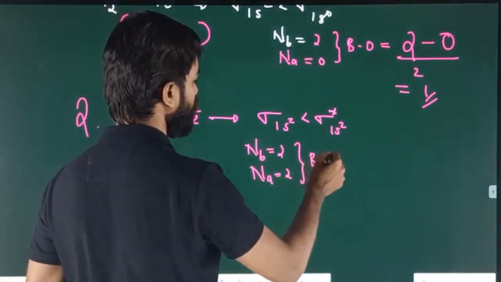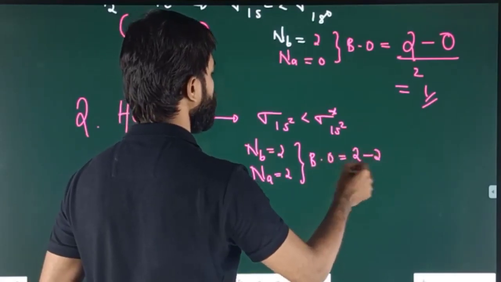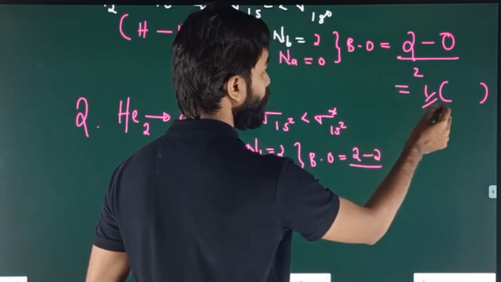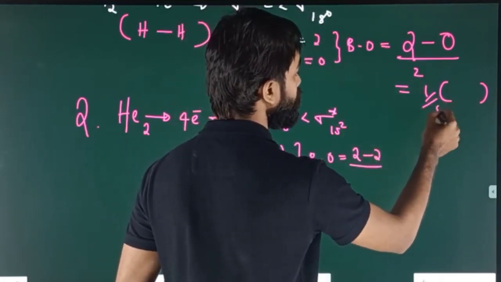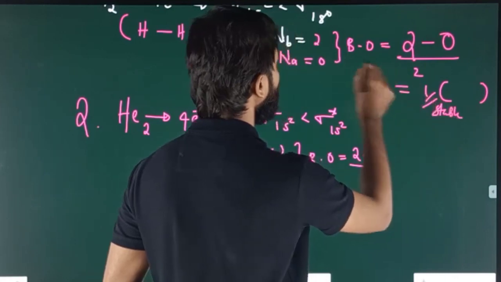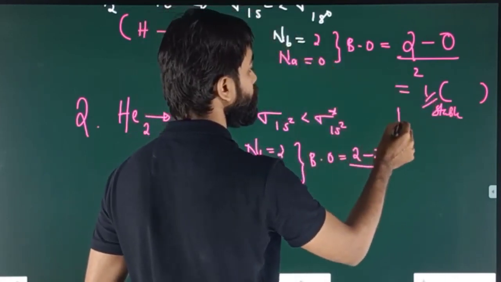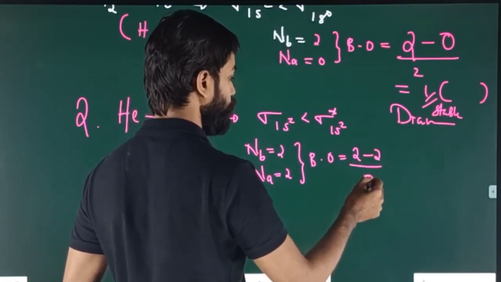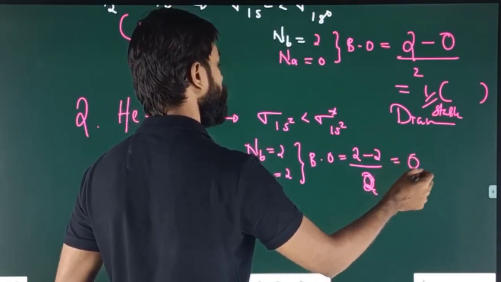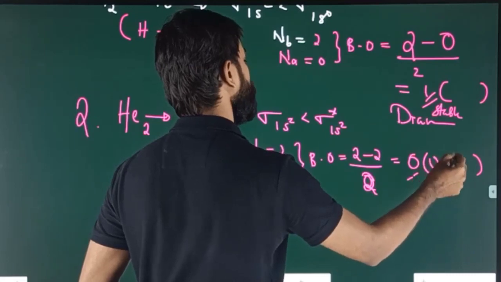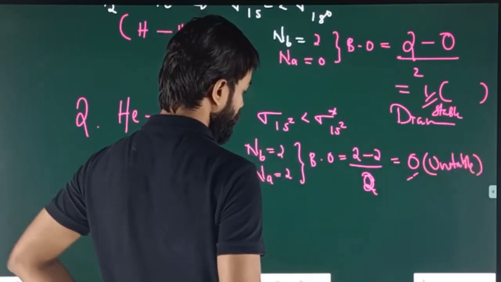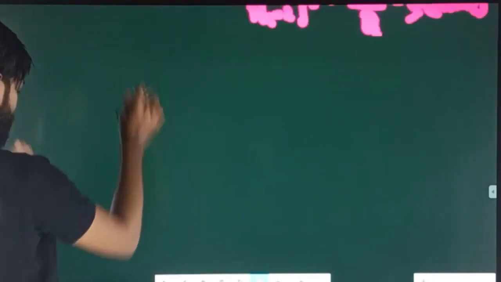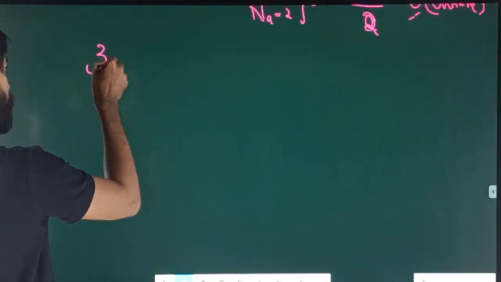So bond order is equal to 2 minus 2 divided by 2, that is 0. So He2 is unstable since the bond order is 0, and there is no molecule like that. So no need to discuss the magnetic property of that molecule, because the molecule is unstable.